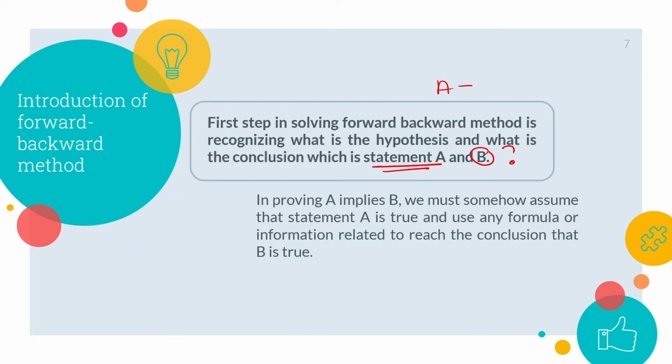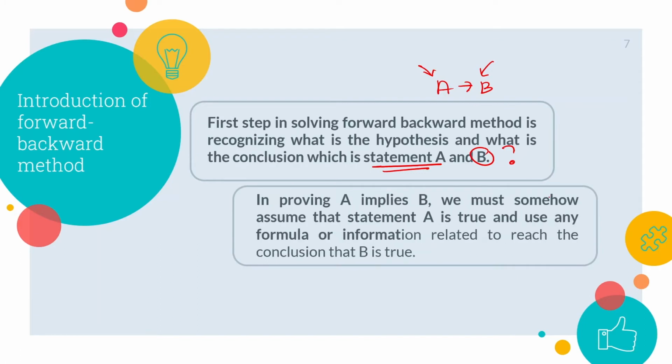Okay, what is the hypothesis and what is the conclusion? Remember, A implies B, the hypothesis is what you assume to be true and the conclusion is what you want to prove. So in proving A implies B, we must assume that statement A is true, and use any formula or information related to reach the conclusion that B is true. So basically, we have statement A and statement B from the hypothesis and conclusion.